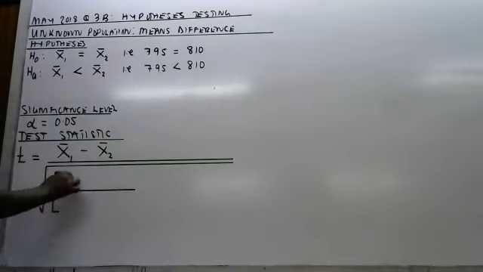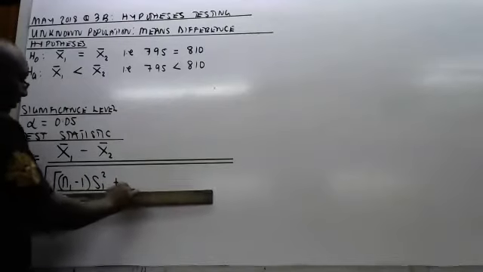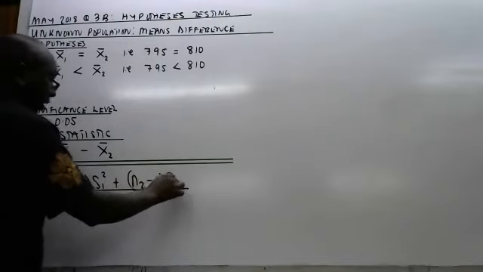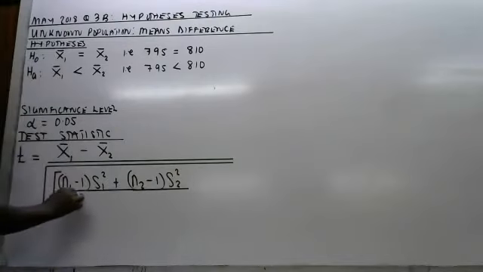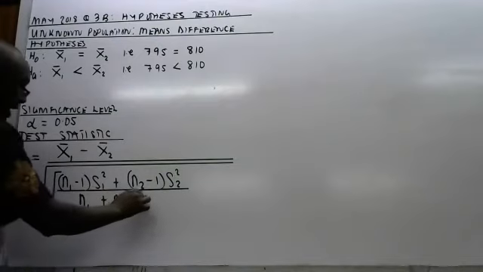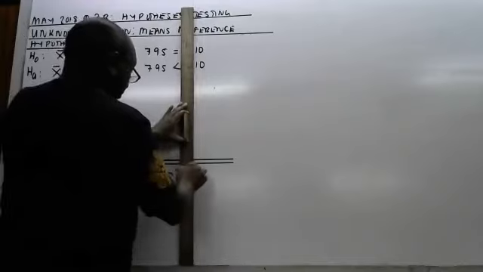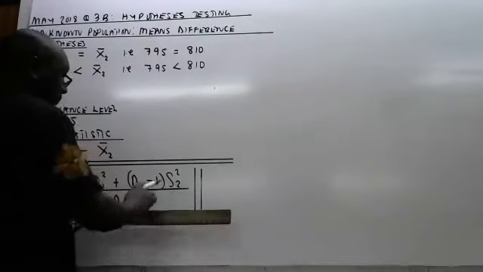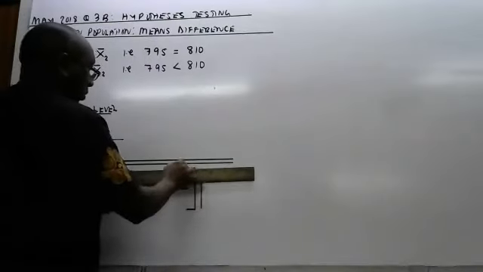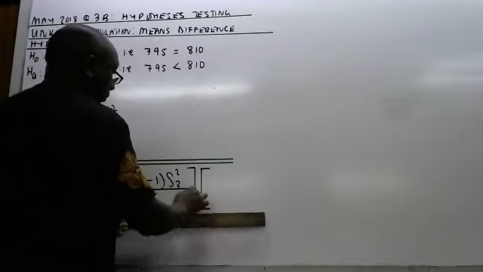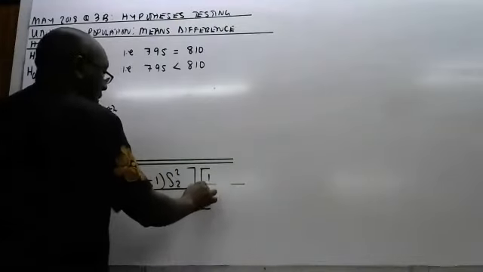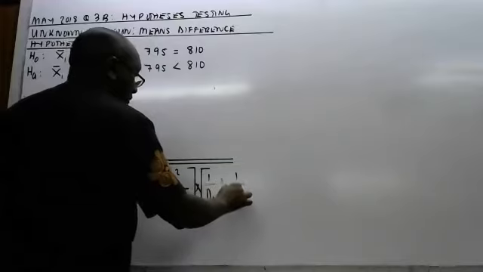It is N1 minus 1 S1 squared plus N2 minus 1 S2 squared, then N1 plus N2 minus 2 times 1 out of N1 plus 1 out of N2.